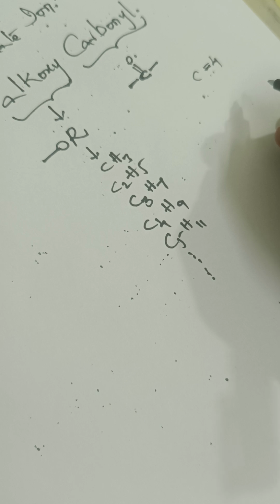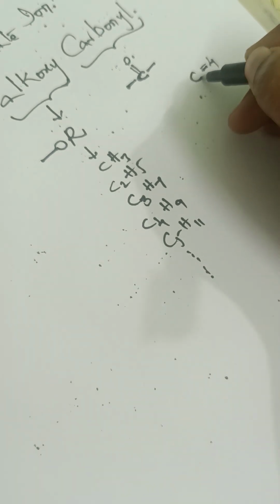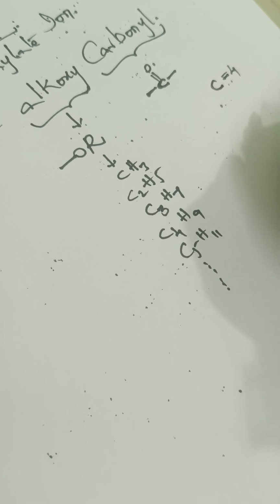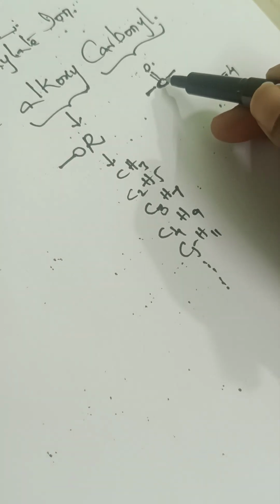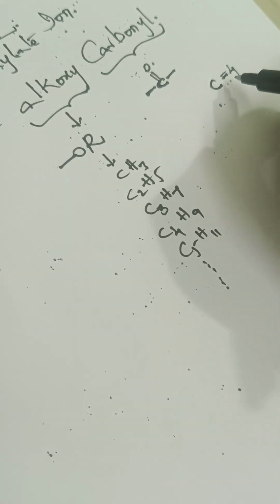Valency is the combining capacity of an element with other atoms or groups. So carbon will combine with 4 other groups, which may be the same or different.